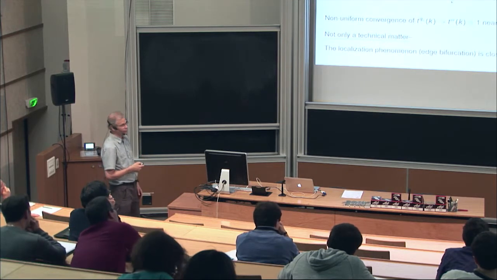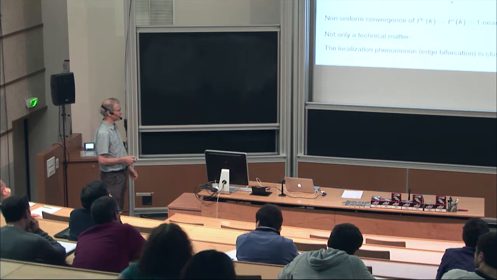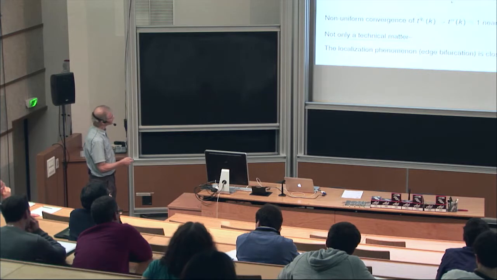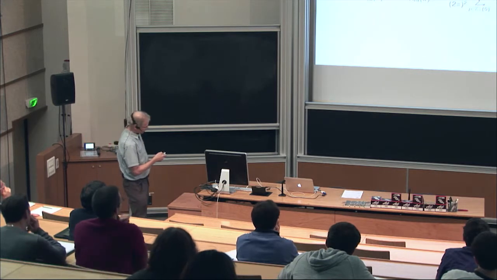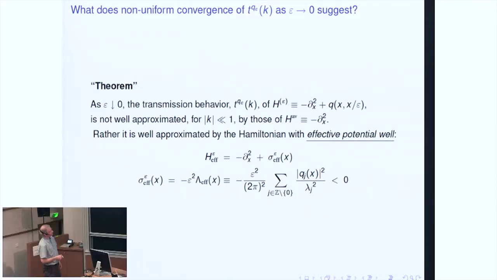This localization phenomenon that one sees, this edge bifurcation, the bound state, is intimately connected to this non-uniform convergence. So the theorem, stated very roughly, is that as epsilon goes to 0, H epsilon, or HQ epsilon, is well modeled by this effective potential well.